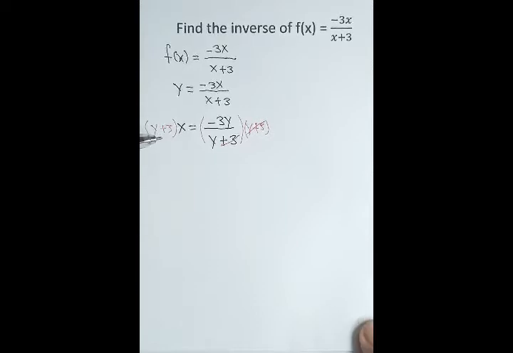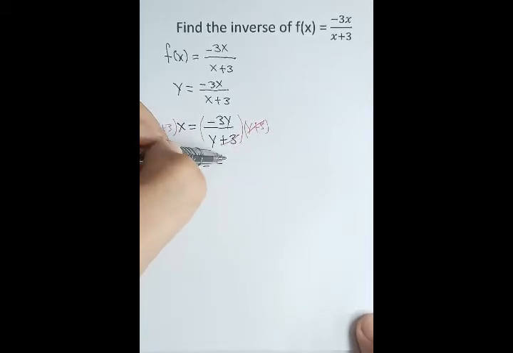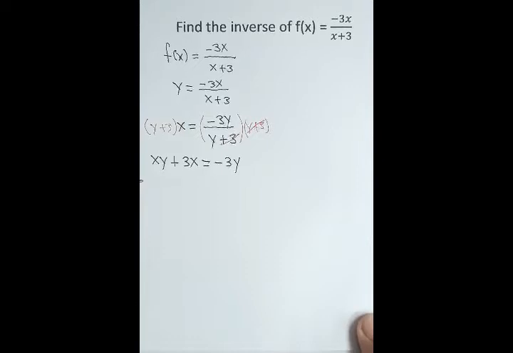y plus 3 multiplied by x. So distribute. So we have x times y, xy plus 3 times x, we have 3x equals negative 3y. Okay?